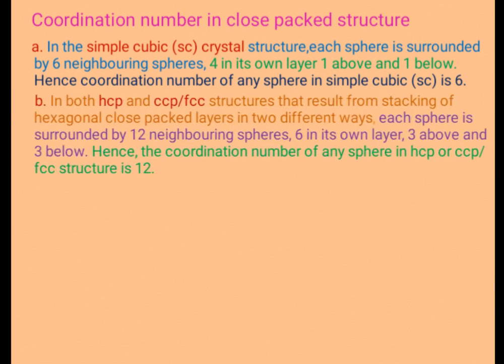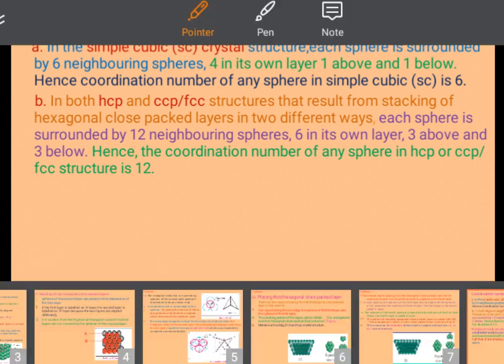Second is HCP or CCP or FCC, the hexagonal close packed structure and cubic close packed structure or face centered cubic structure, that results from the stacking of the hexagonal close packed layers in two different ways. Each sphere is surrounded by 12 neighboring spheres, 6 in its own layer, 3 above and 3 below.